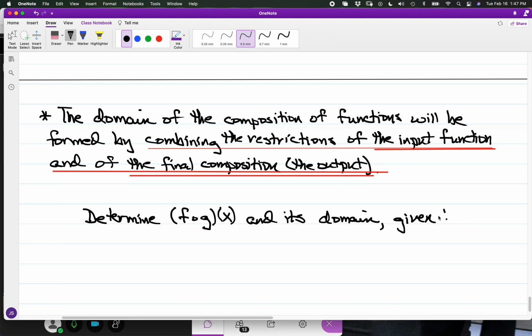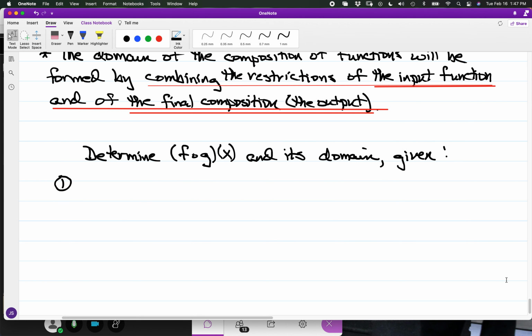So we have given the following, in this one case, for f composed with g of x. We'll say first of all that f of x is equal to 2x, and g of x is going to be equal to x plus 7.